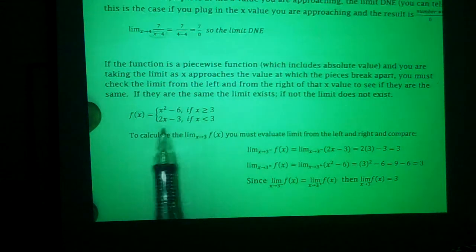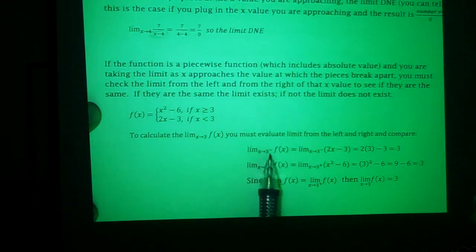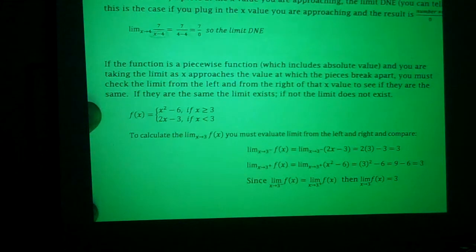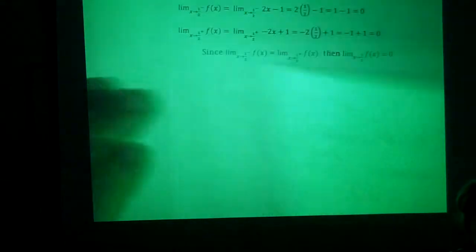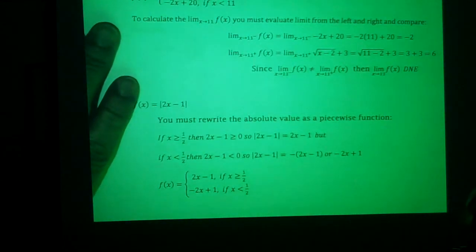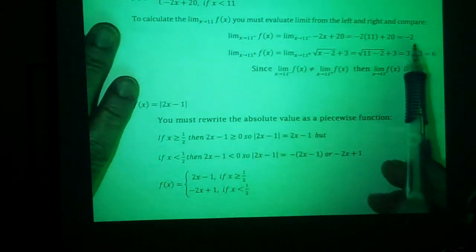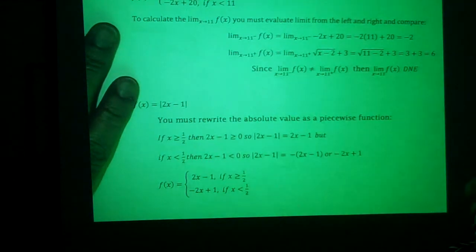And I show this example of how if I ask you for a limit as x approaches 3, you have to come from the left and the right and see if you have a match. And that's broken down again with words that explain it. Another example of a piecewise is here too, to give you another example when from the left and the right doesn't match, and you say it doesn't exist.